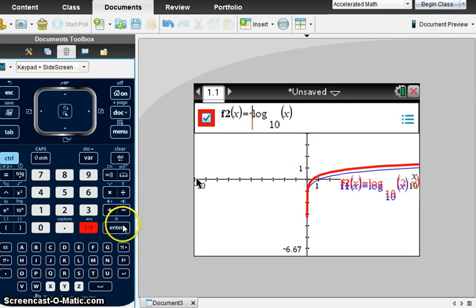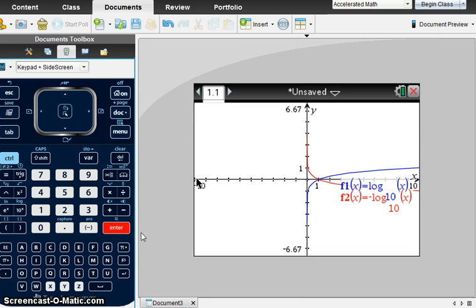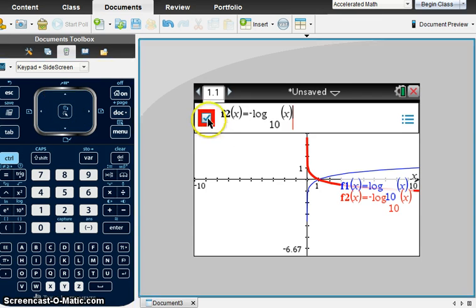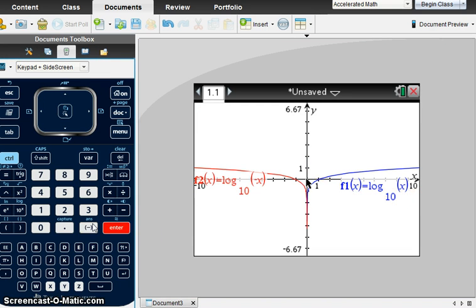So if we do the negative log of x, you can see that we reflect it over the x-axis. And if we want to do a reflection over the y-axis, there's back to our parent function. We come up into the "of," and we put the negative in there, and it's done a reflection over the y-axis.